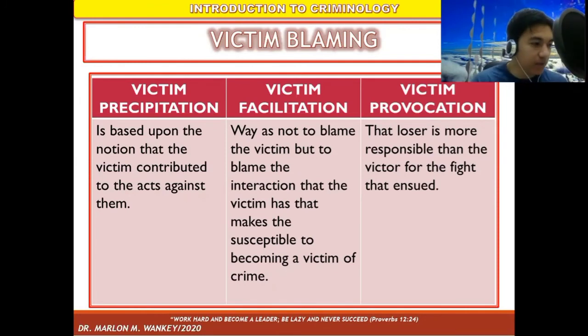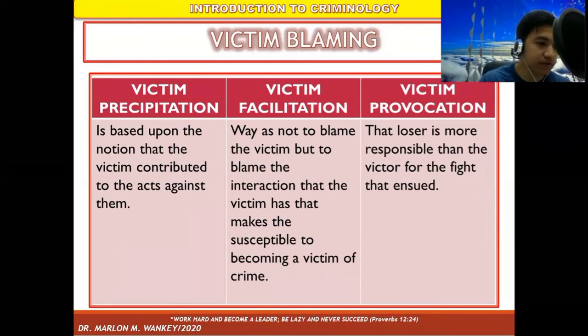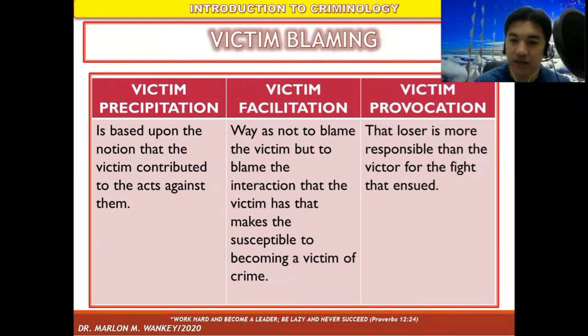While in victim provocation, the loser is more responsible than the victor for the fight that ensued. We have already discussed provocation. Sabi nga doon sa ating slide, the loser is more responsible than the victor for the fight that ensued.